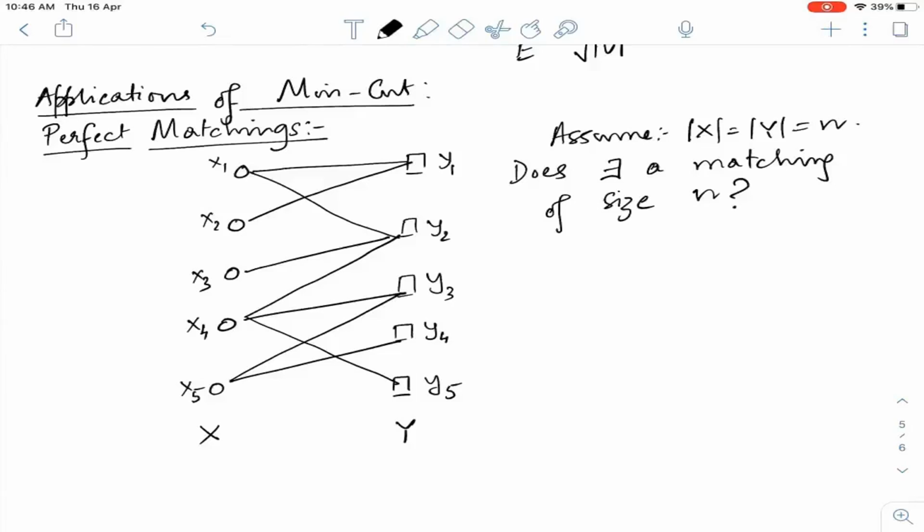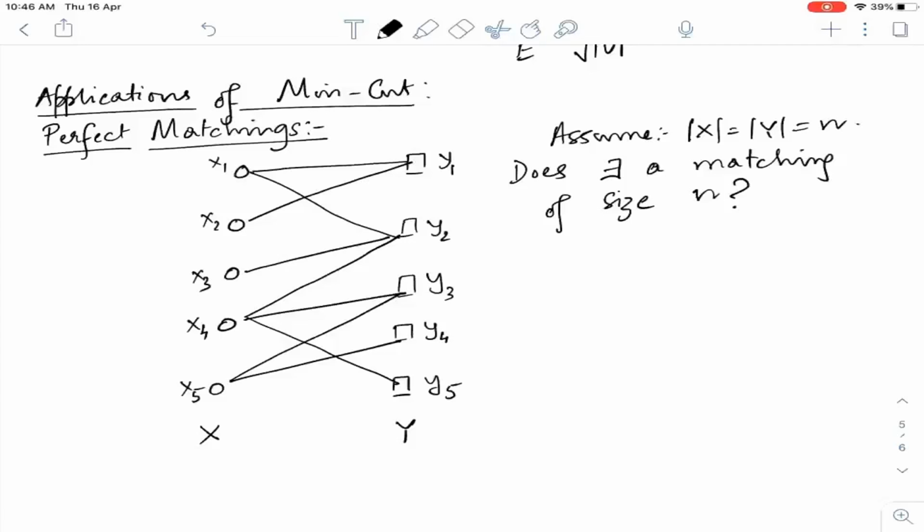This is also sometimes known as the assignment problem. As I was saying last time, maybe these are some jobs you need to assign to some machines to get processed, so you want to make sure that every job is assigned to some machine. The question we would address is, does a perfect matching exist in the graph?